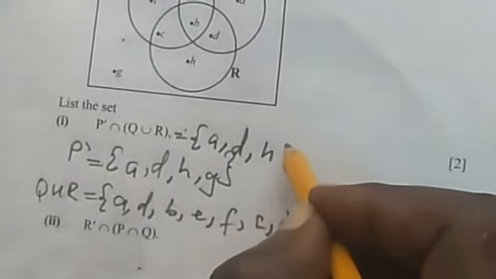A is found in both, the other one is D, then H is found in both here and here, so we also write H. G is not found in both, so that is the answer: P complement intersection Q union R is equal to {A, D, H}. That is the answer for that working.